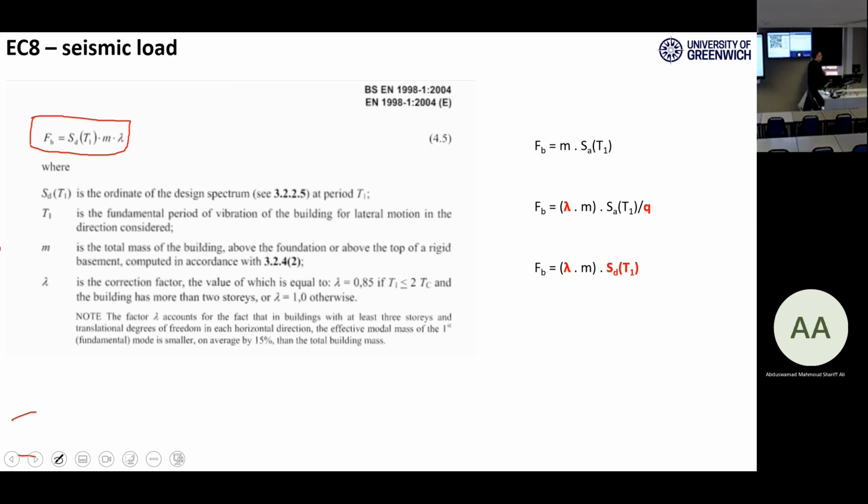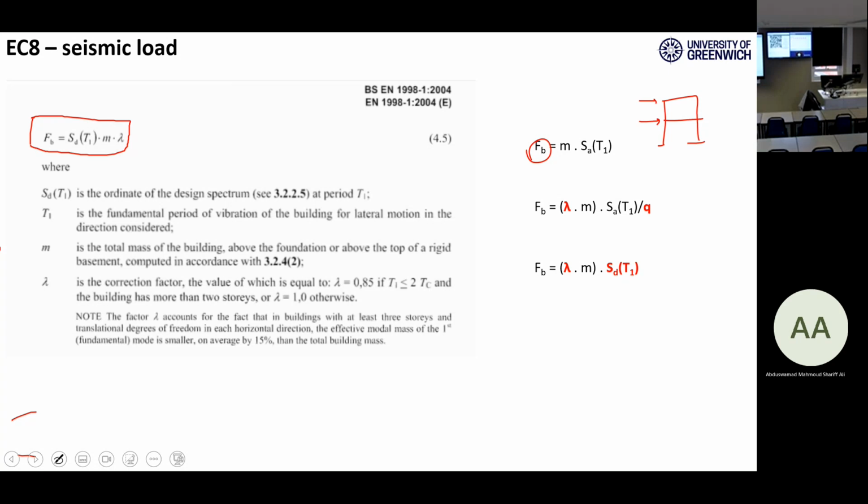The Eurocode's formula for seismic loading of structures is very straightforward. To prove this formula is also very straightforward. FB is the seismic load on your structure, which is horizontal. It means that if you have this sort of two-story building, the summation of these two forces is FB.